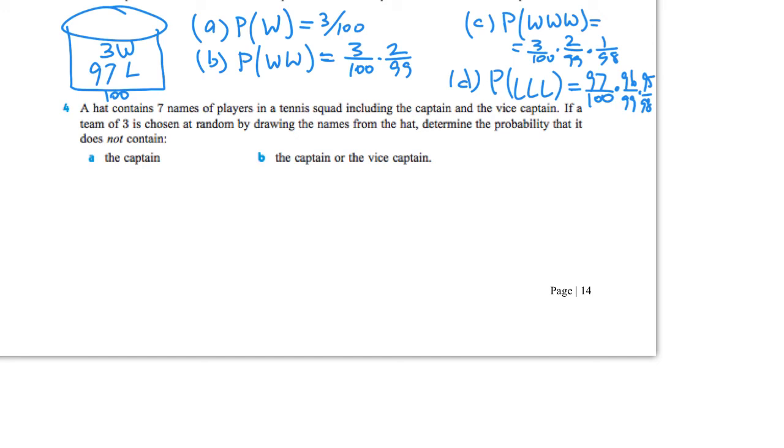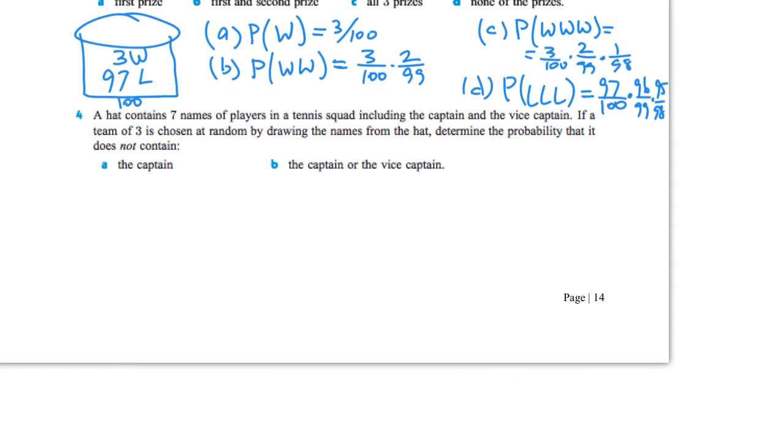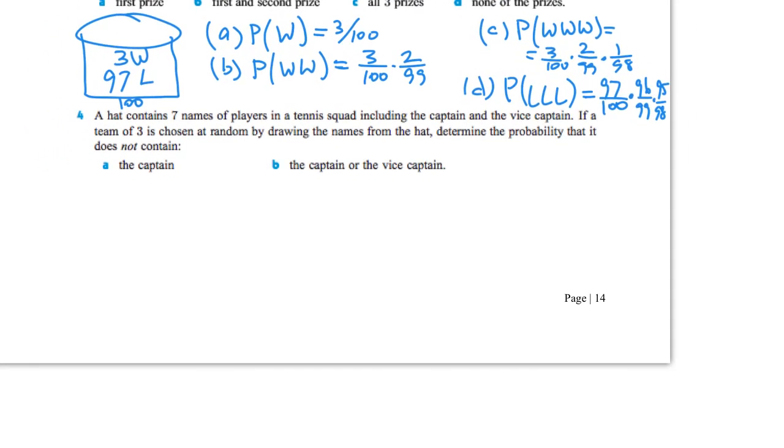A hat has 7 names of players from a tennis squad, including captain and vice captain. If a team of 3 is chosen at random by drawing names from the hat, find the probability that it doesn't have the captain. So let's visualize a hat with 7 names in it. There's a captain, a vice captain, and then we must have 5 other players.